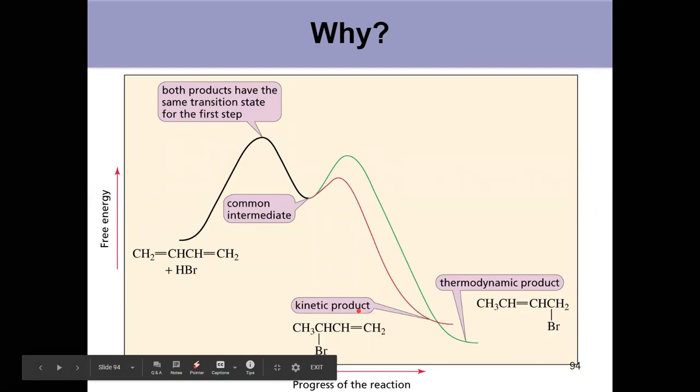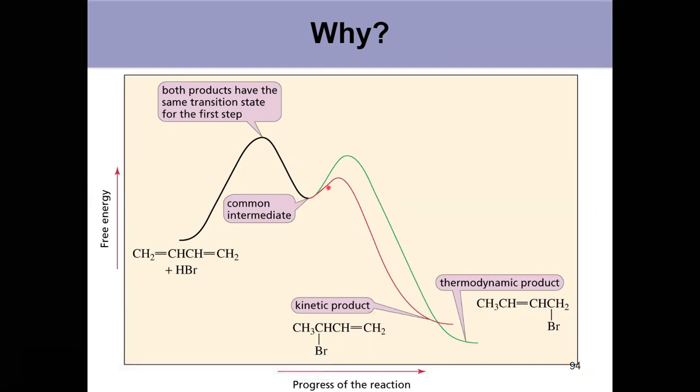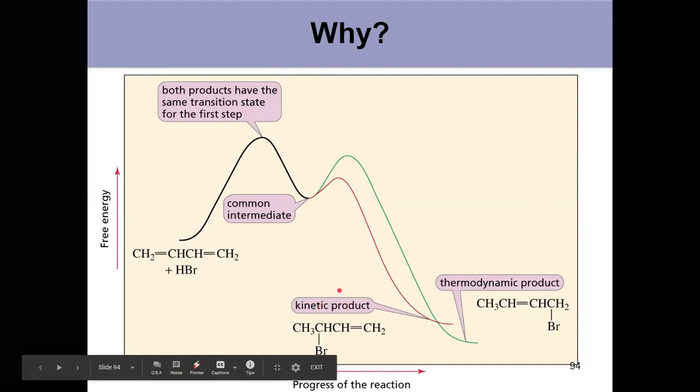But also pay attention to the fact that the kinetic product here has a lower activation energy. Okay? So if it's a cold temperature, I don't have enough energy to get over this. So I can only get over this energy barrier to form the kinetic product. At a sufficiently high temperature, I can get over this energy barrier and form the thermodynamic product.